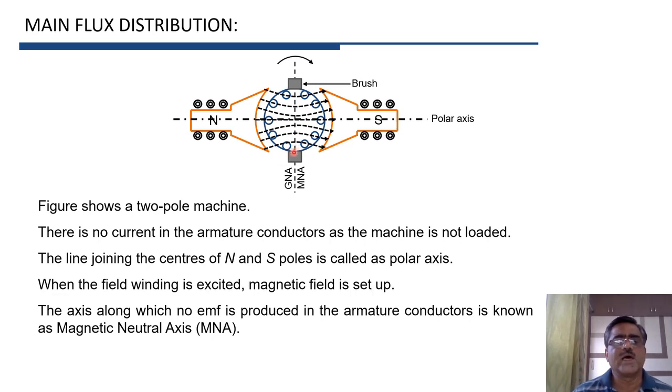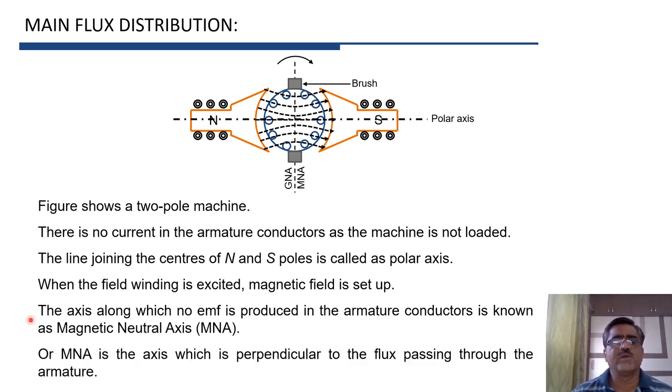So the axis along which no EMF is induced in the armature conductor is known as magnetic neutral axis or MNA. MNA can also be defined as the axis which is perpendicular to the flux passing through the armature.